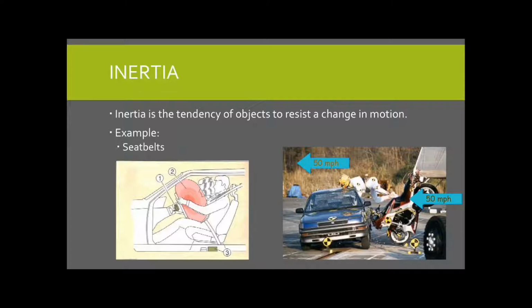Your seatbelt acts as an unbalanced force which causes you to stop. If you look at this motorbike right here, it hits this car and the test dummy goes flying into the car because they don't have seatbelts. So inertia, the tendency of objects to resist a change in motion. So objects want to stay in motion, objects want to stay at rest.